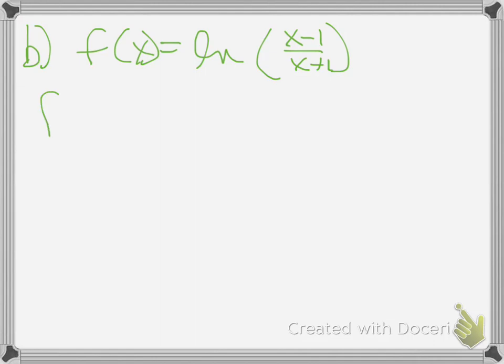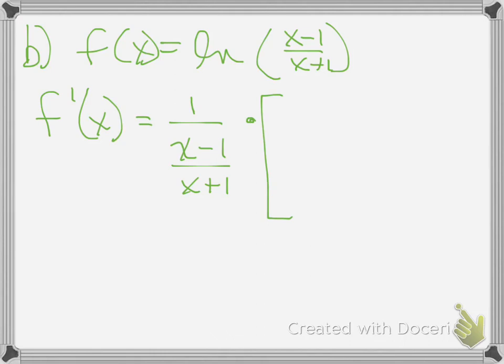Okay, so here's another derivative. So f prime of x equals, okay, the derivative of a natural log is going to be 1 over (x minus 1 over x plus 1), and then times the derivative of (x minus 1) over (x plus 1).